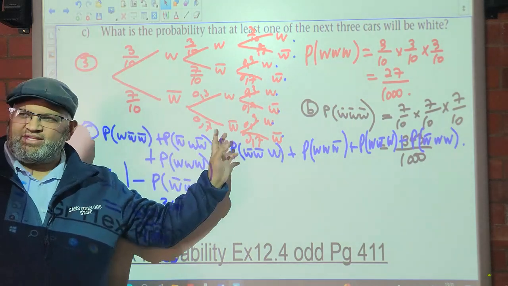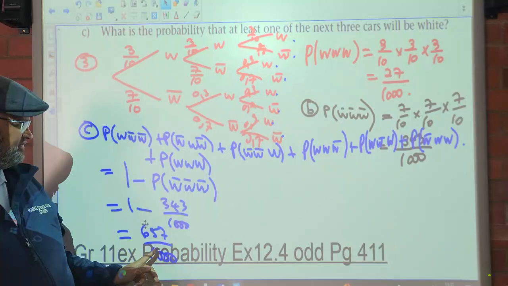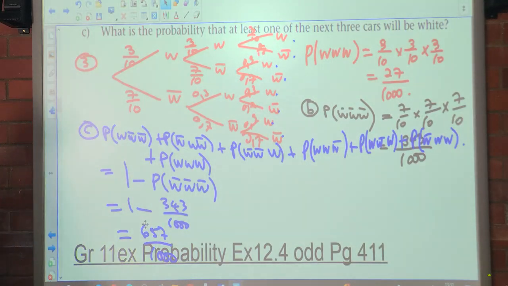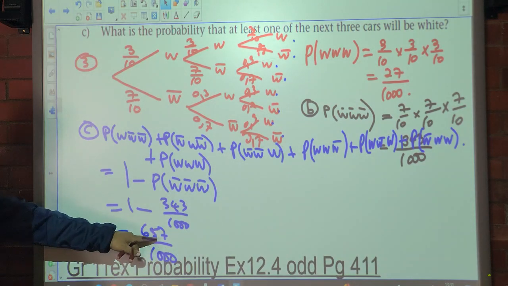If you do all of that and you add it together, you should get an answer of 657 over 1000. Okay. So, would you get the same marks if you had gone this method?